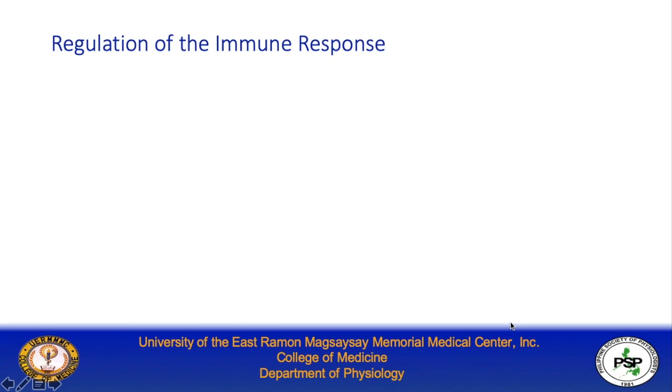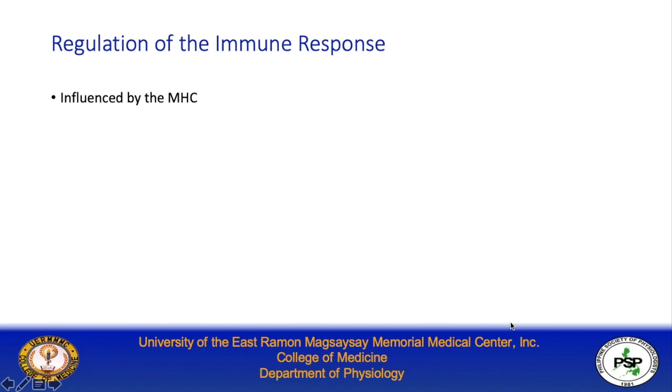Now, in terms of how our immune response is being regulated, number one, it is influenced by the major histocompatibility complex. So you've seen before that for the T cells to be activated, the antigen must be presented together with the MHC.